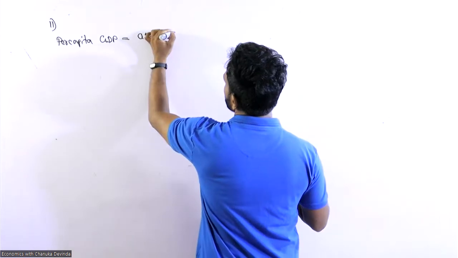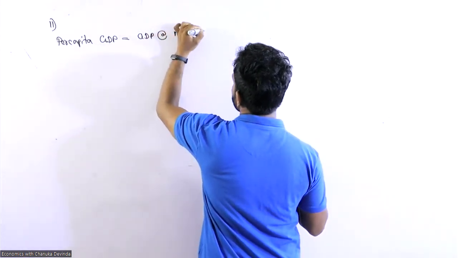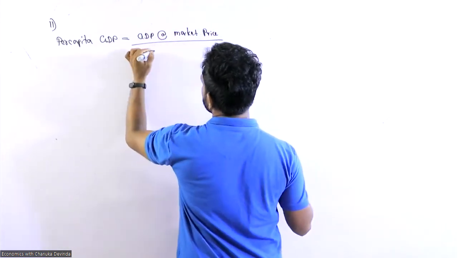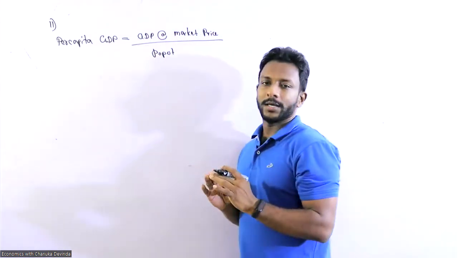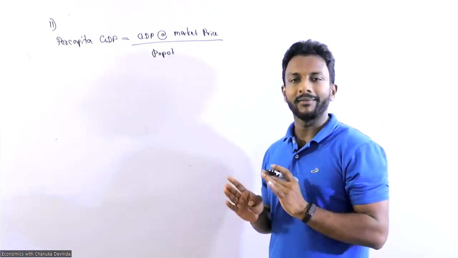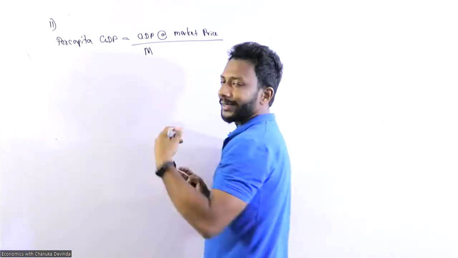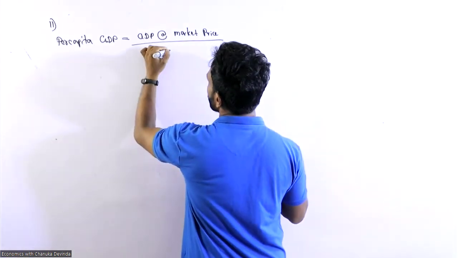GDP at market price, that means current price, divided by population. Here, the better one is mid-year population. If they have given it, it's better to take mid-year population. Otherwise, just use the population if they have not given mid-year population.